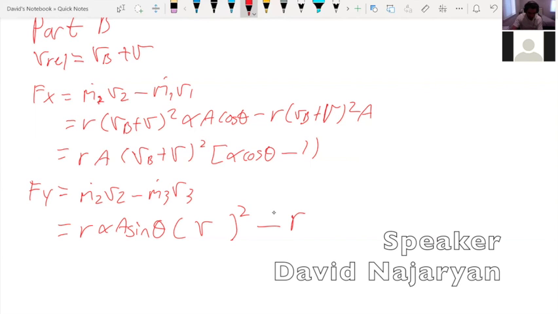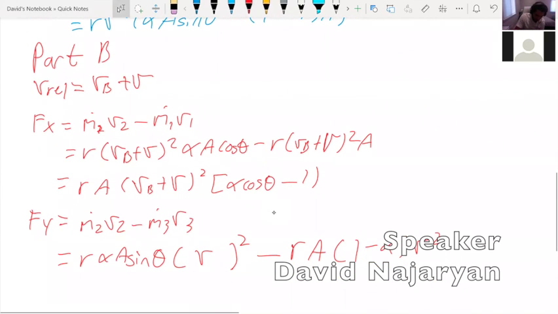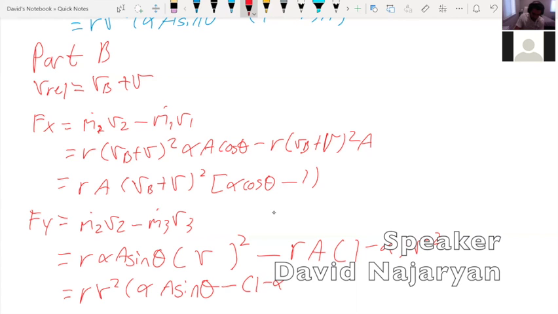So R A times 1 minus alpha times V squared. Again, this simplifies to the top portion, R V squared alpha A sine theta. And that's it for this problem.